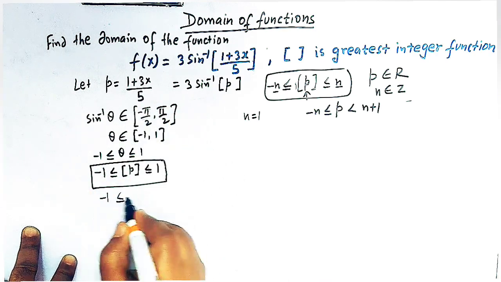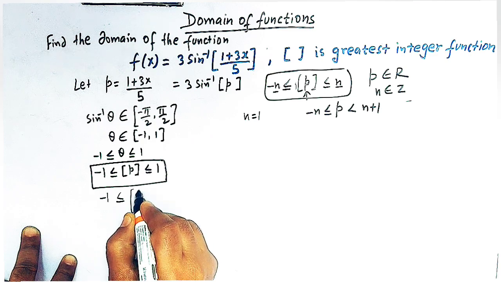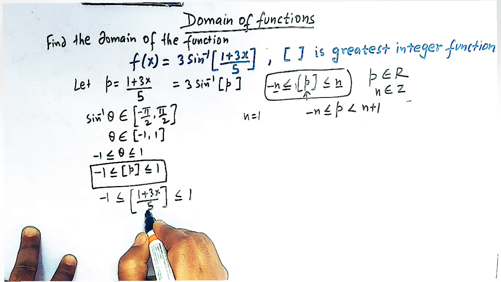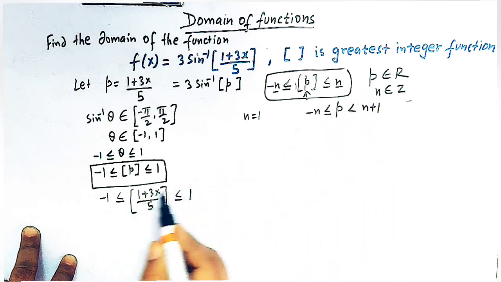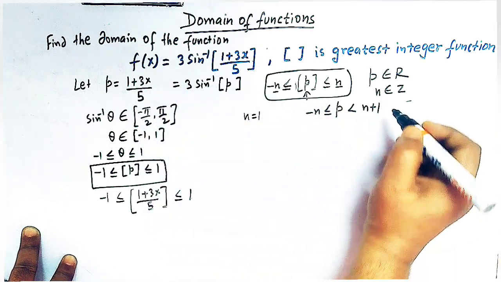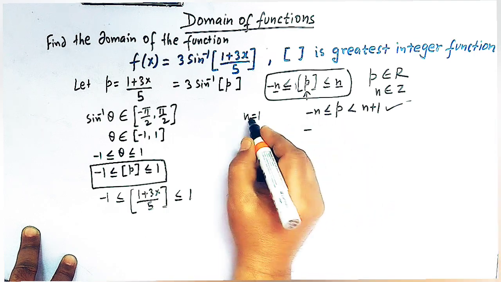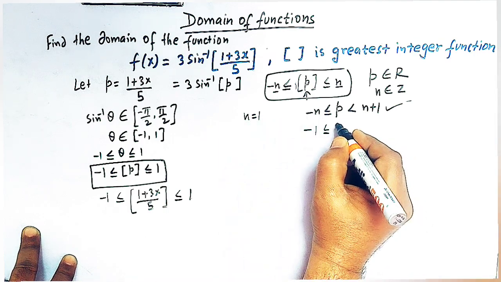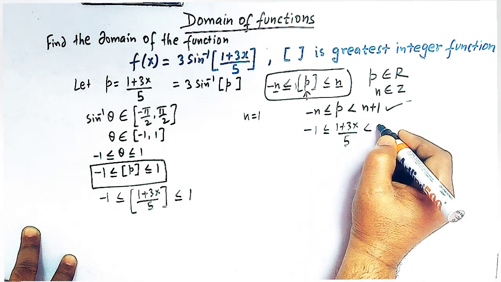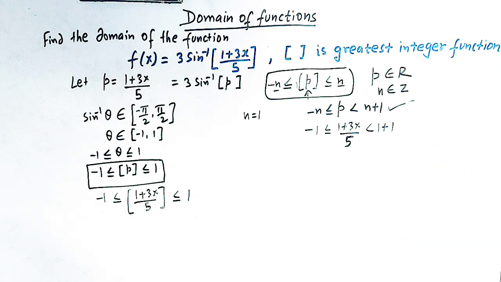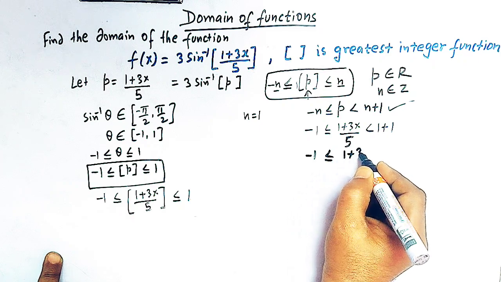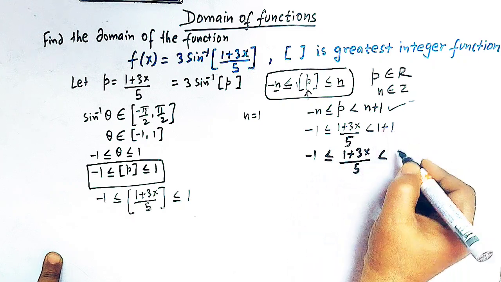So we have minus 1 less than or equal to 1 plus 3x over 5, less than 1 plus 1, that is 2.